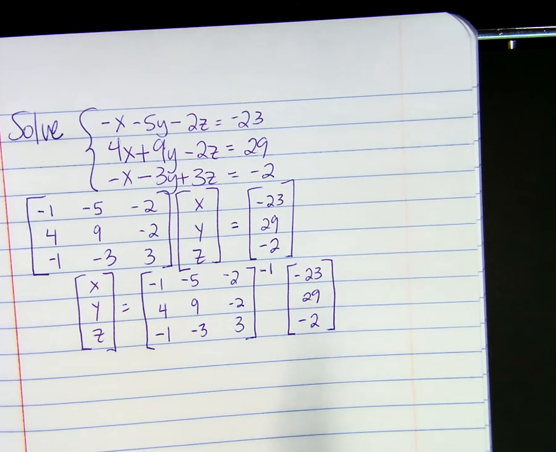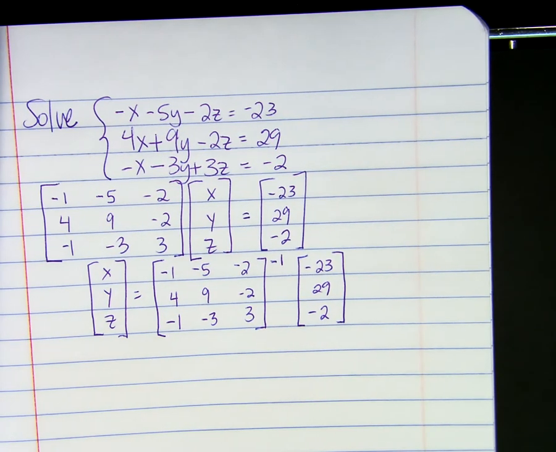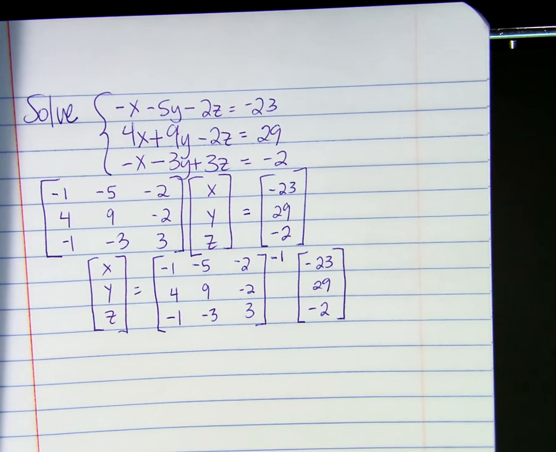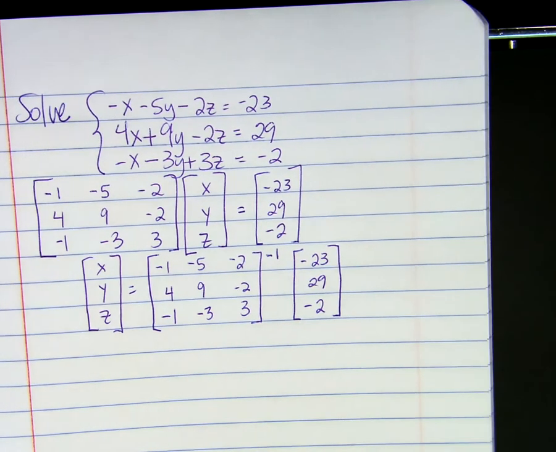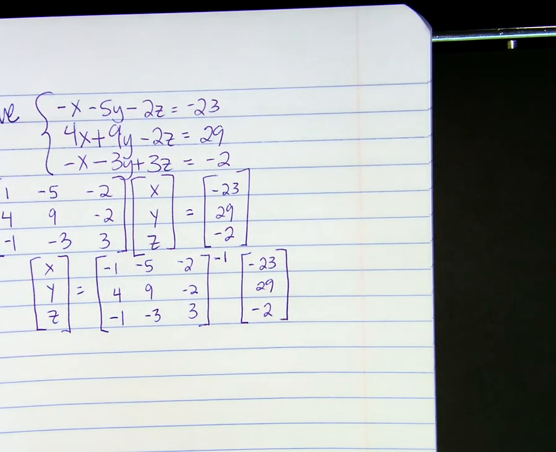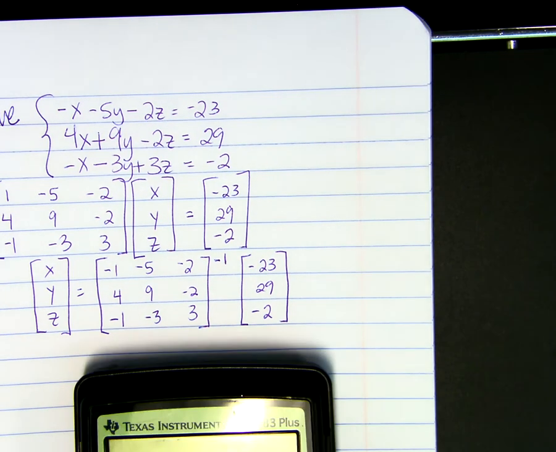So in order to do the inverse of a 3 by 3, I recommend using a calculator. So we plug in the 3 by 3 into the matrix section and just raise it to the negative 1 power, and then times it by the constant matrix.